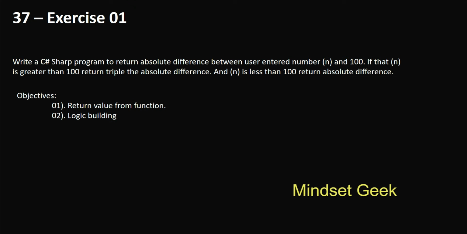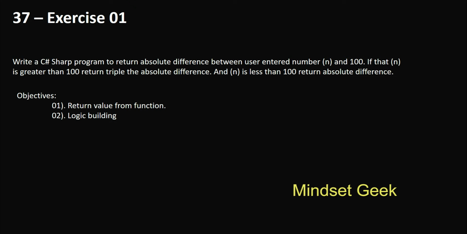First of all, we ask users to enter some value. First check that value with 100, whether that value is greater than 100 or not. If that value is greater than 100, we should get the absolute difference and return triple of that absolute difference, right?